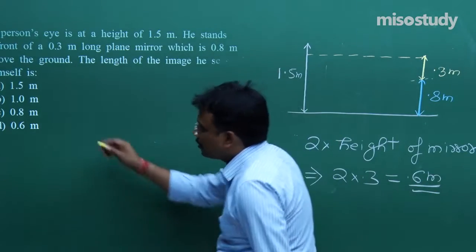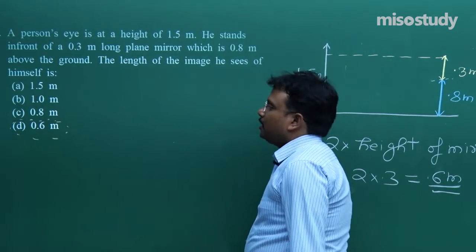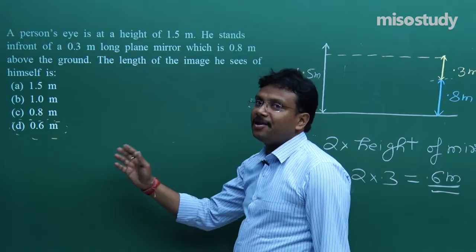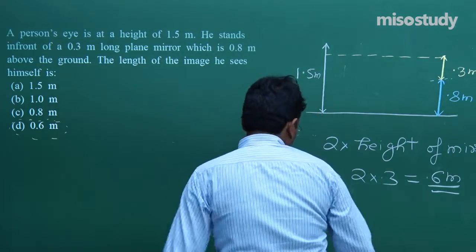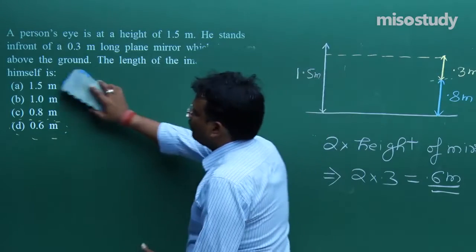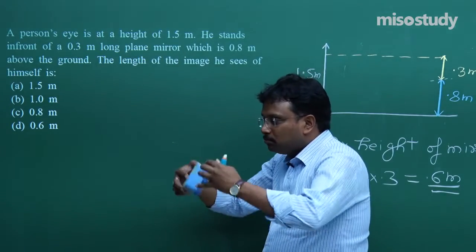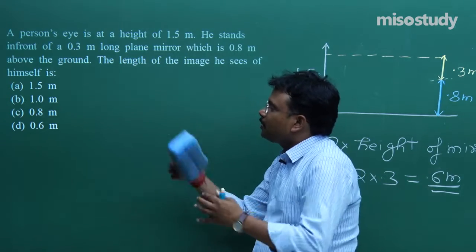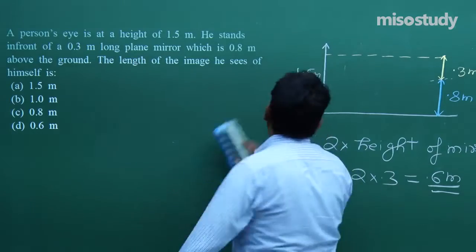The correct answer is D. So he will find his own image as 0.6 meters rather than 1.5. Anyway, not a difficult question, it's just a mixing of a simple concept with a slightly twisted approach, that's it.